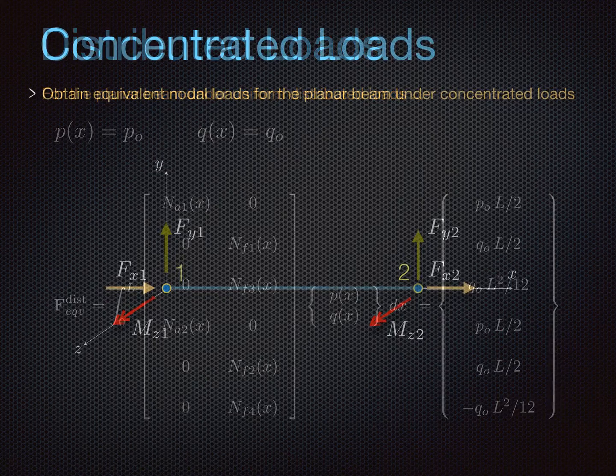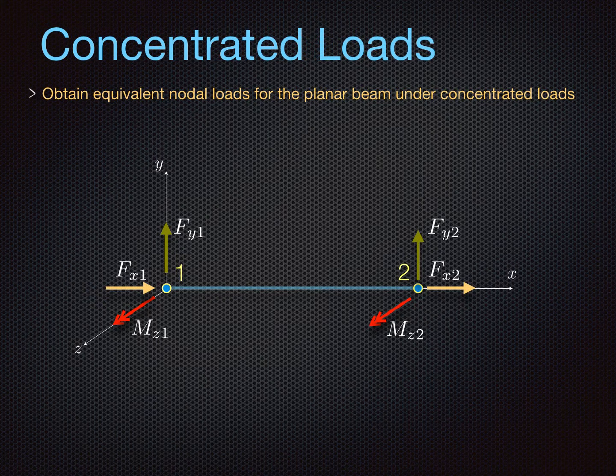What happens if we have concentrated loads, on the other hand? Let's say that we have a concentrated transverse load of magnitude Py located somewhere and a Px located at the same spot, say x sub c, from the left node of the element.